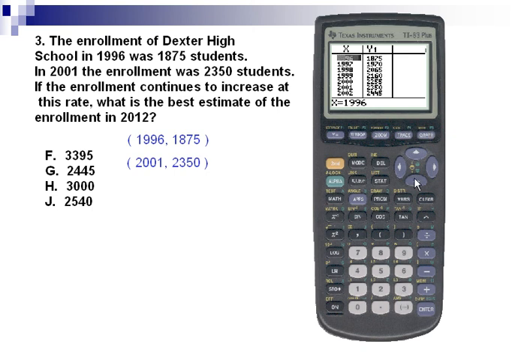Now we need to arrow down to 2012. In 2012, there is an estimate of 3,395 students. So the correct answer for this problem is F.